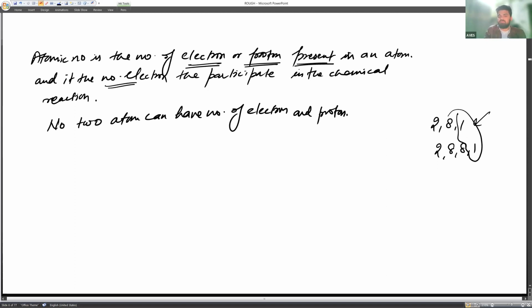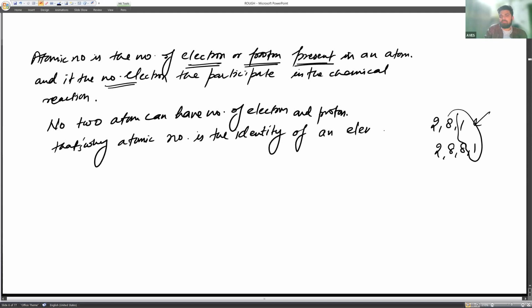That's why atomic number is the identity of an element, of an atom.